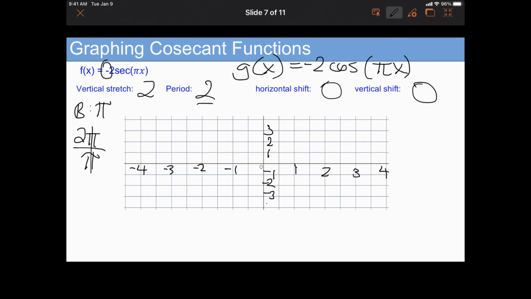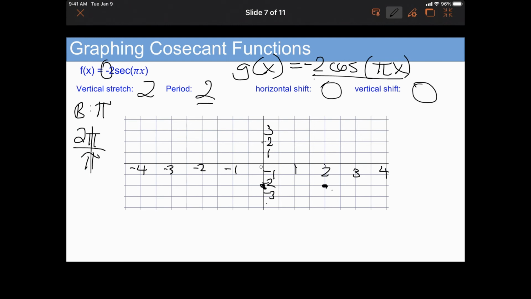Now for cosine, for here, it usually would be at 1, but now we're going to go an amplitude, a vertical stretch of 2, and then we're going to flip it, right, for the reflection, so it would be here. Now it's going to go to a period of 2, so this is where the 1 cycle is going to end.